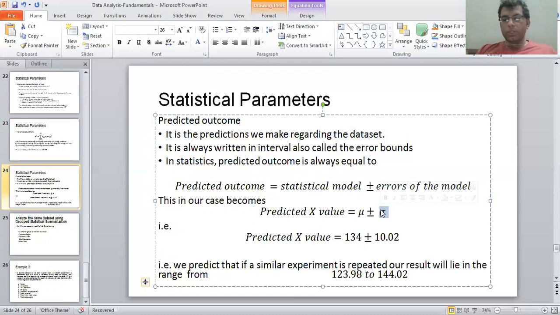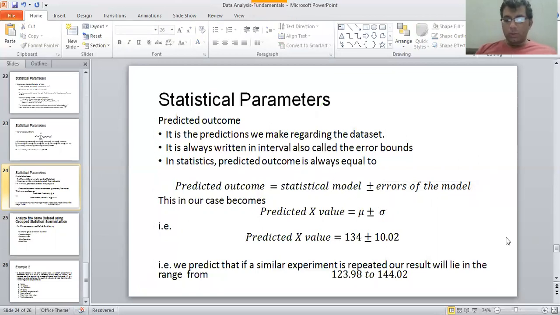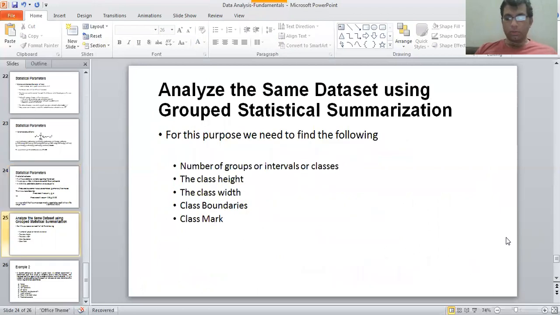That means the predicted value would be anywhere between 123.98 and 144.02. So that's how we do these predictions. This is the simplest available prediction that could be done on ungrouped data statistics using the mean value model.